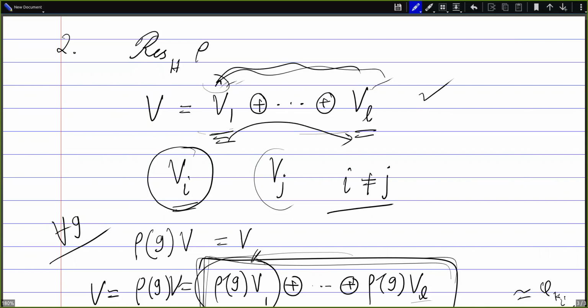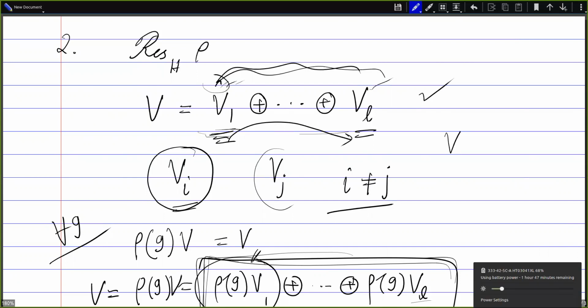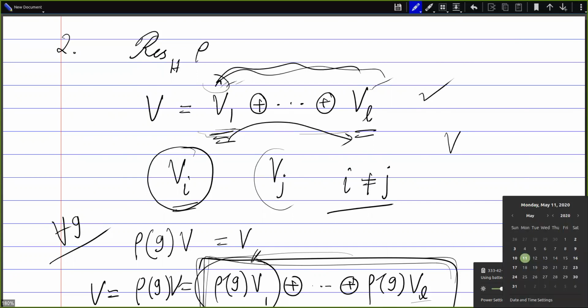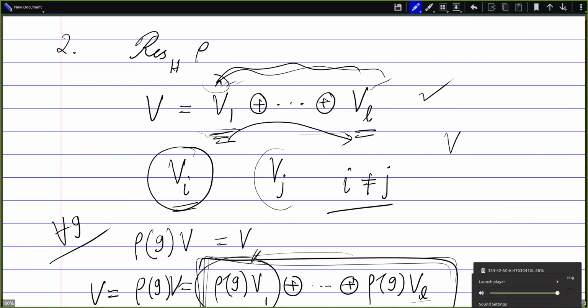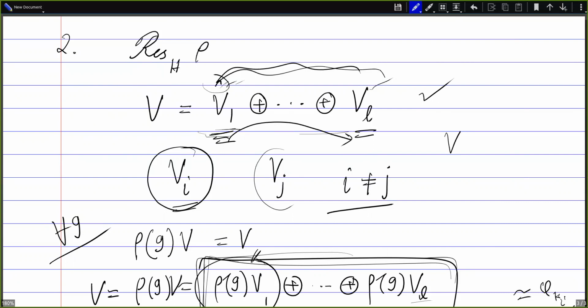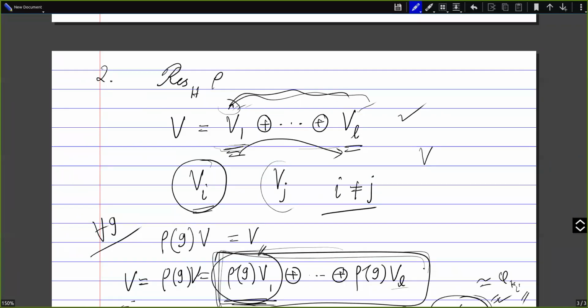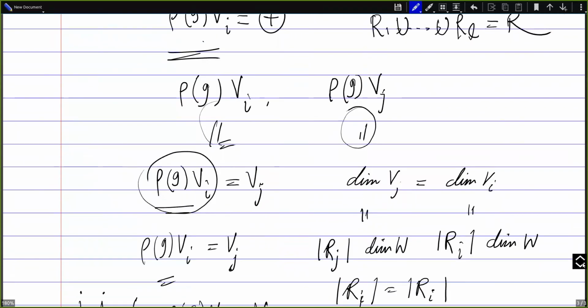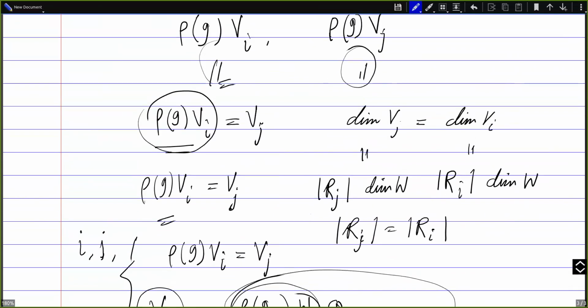So if we can prove that the number of subrepresentations appearing in one Vi is the same as the number of subrepresentations appearing in any other Vj, then we will be done. The number of subrepresentations appearing in Vi is precisely Ri.